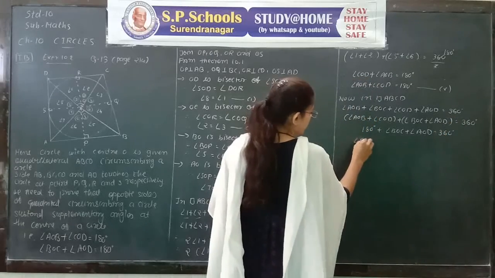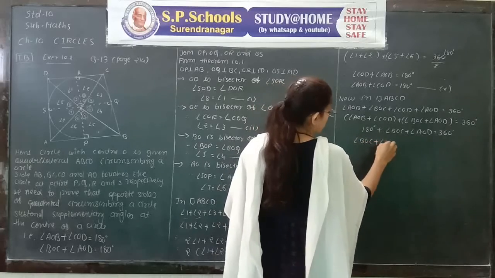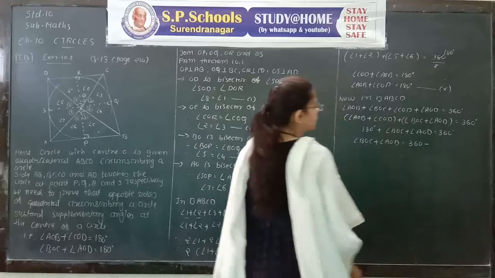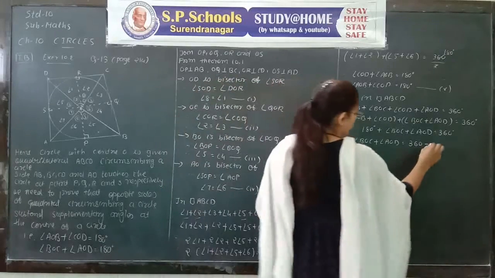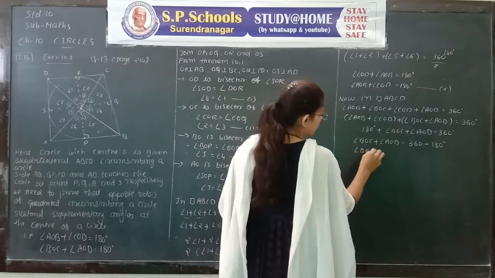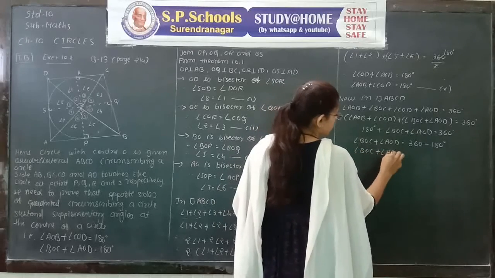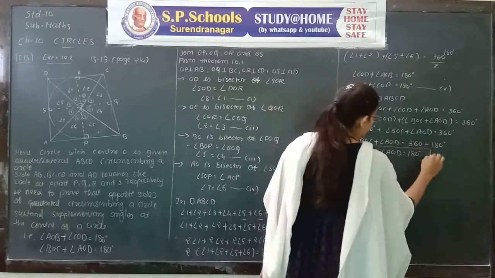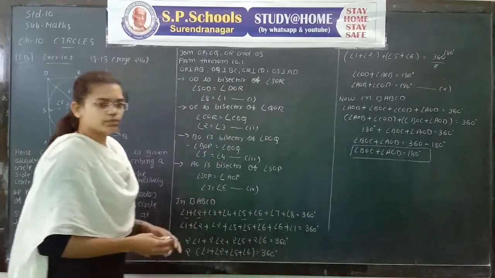By making angle BOC plus angle AOD the subject, we get 360 minus 180. That's why angle BOC plus angle AOD is also equal to 180. Hence the second result is also proved.